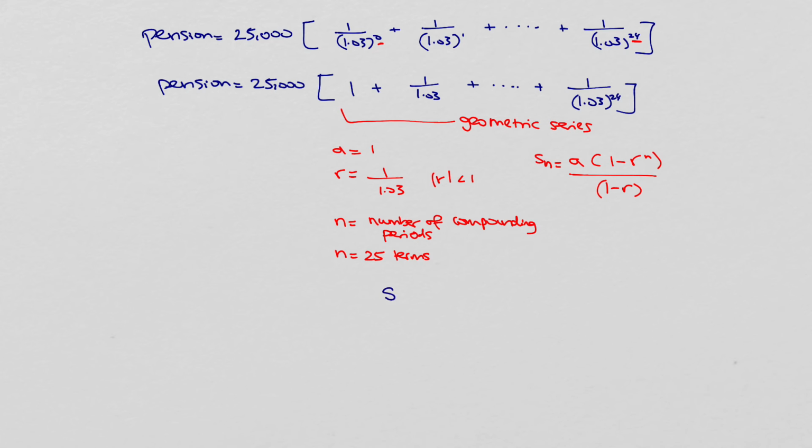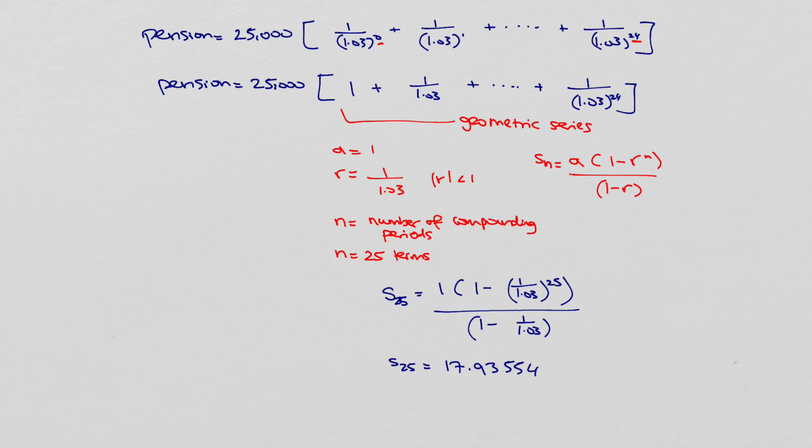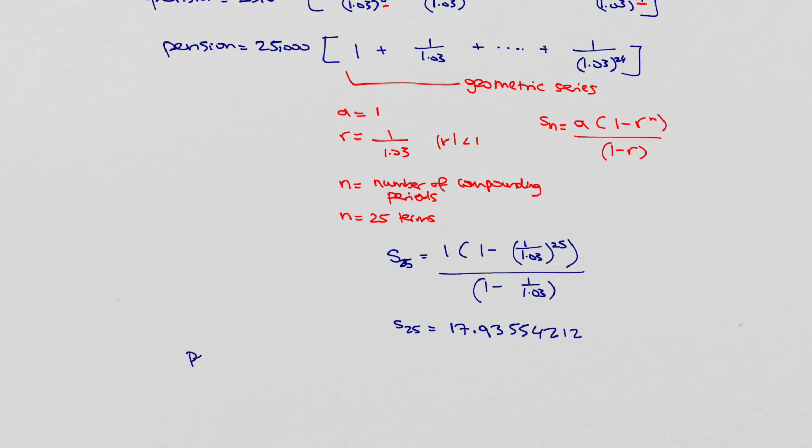So therefore, if we're looking for the sum of the first 25 terms, it's going to be 1 times 1 minus 1 over 1.03 to the power of 25, and that's all over 1 minus 1 over 1.03. That gives us 17.93554212. So I'm keeping all my decimal places until the end. So the less I round, the better. Then I'm going to multiply that by 25,000.